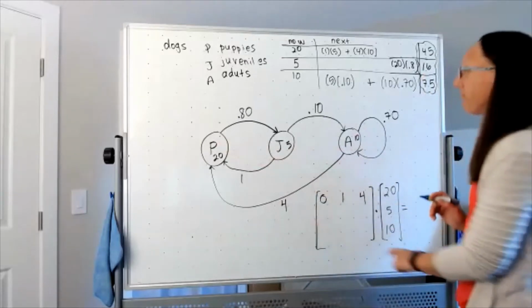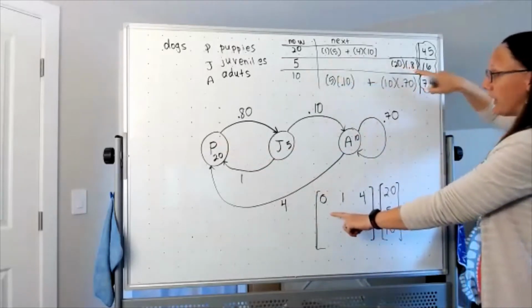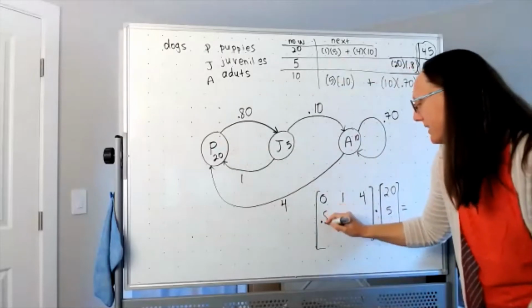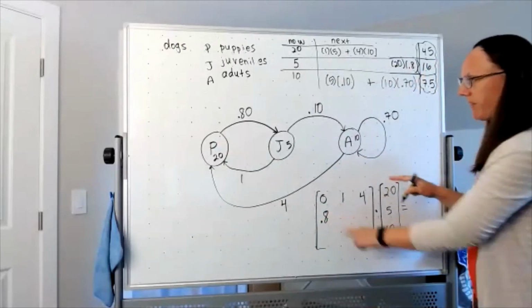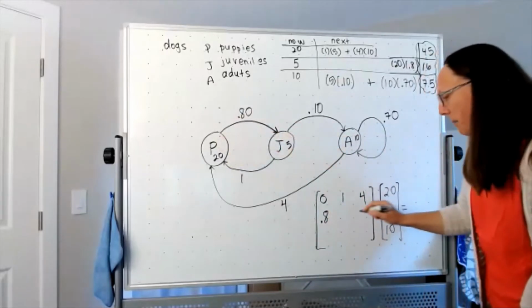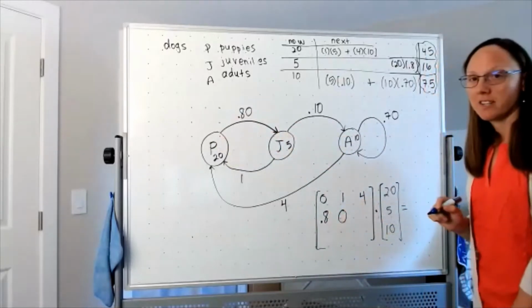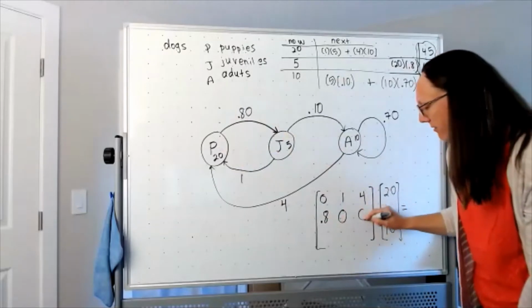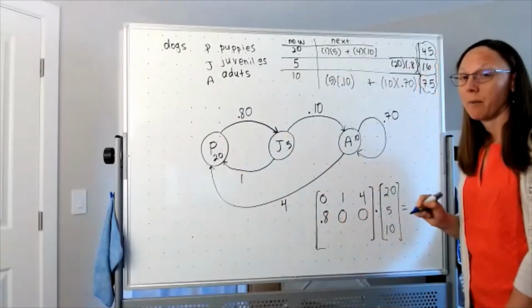Our second row, we only had a 0.8 times the 20, representing my puppies that grew up to be juveniles, but none of my juveniles got to stay juveniles, and none of my adults were able to get younger.